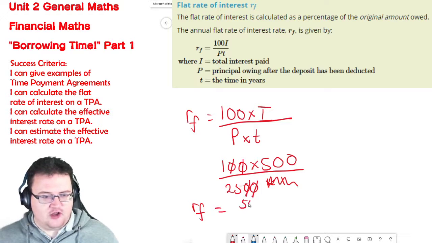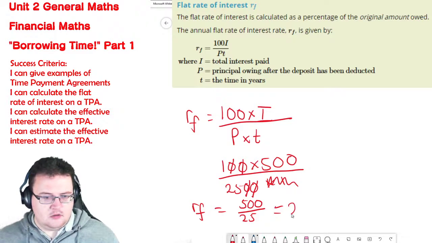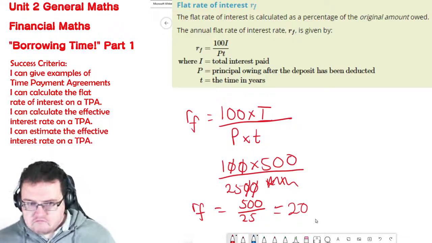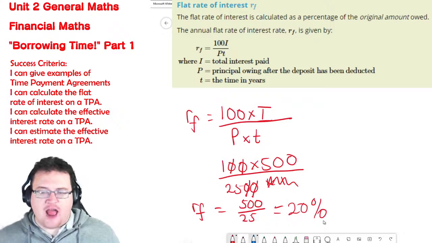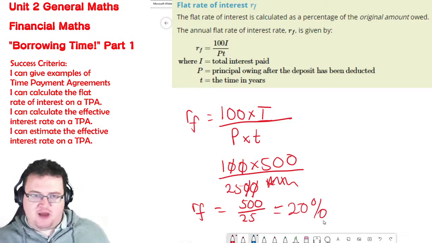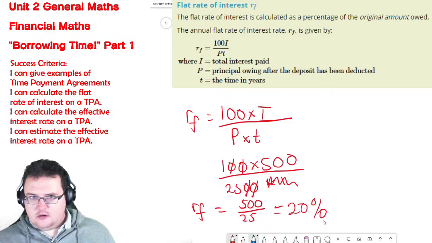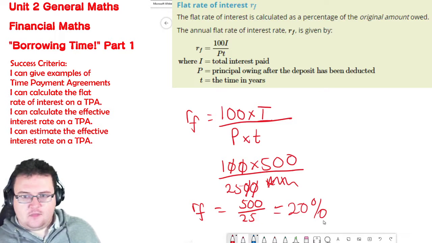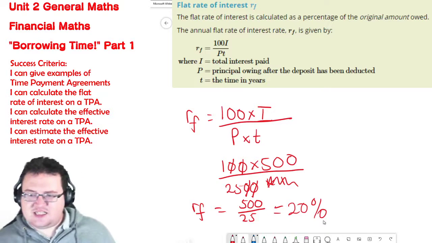So we're left with 500 over 25, and that is 20. So that means that they are loaning me this money to pay for this computer at 20% interest. Does that deal make sense?